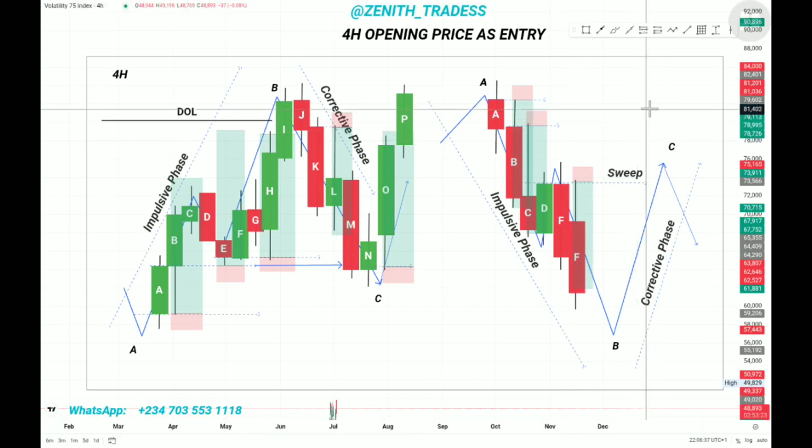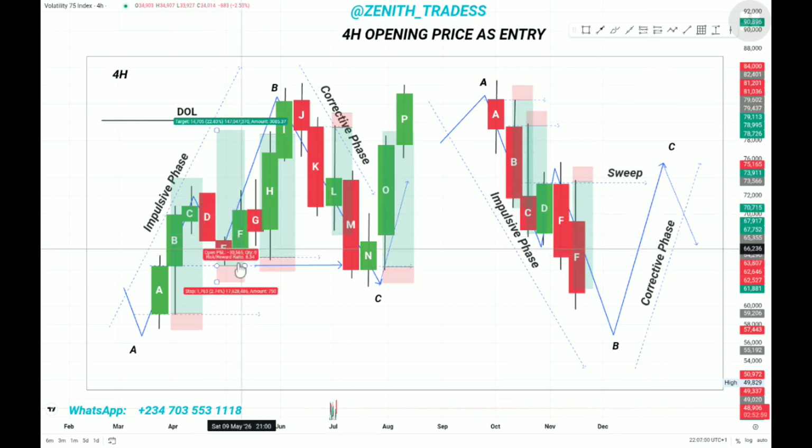All right. So now that we know how to frame our entry using the opening price of the 4-hour candle, let's look at some of the things we need to see before we know whether this is high probability or not.